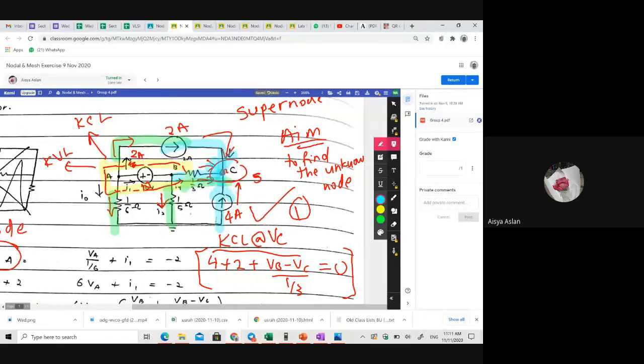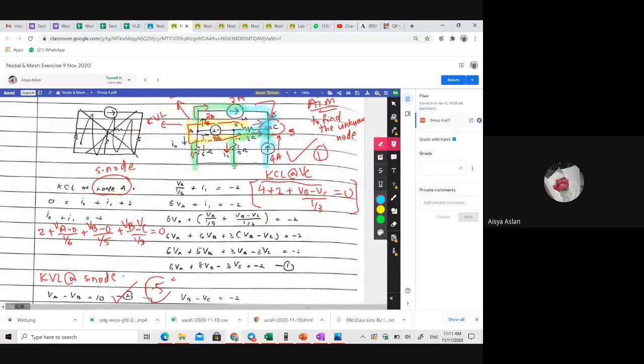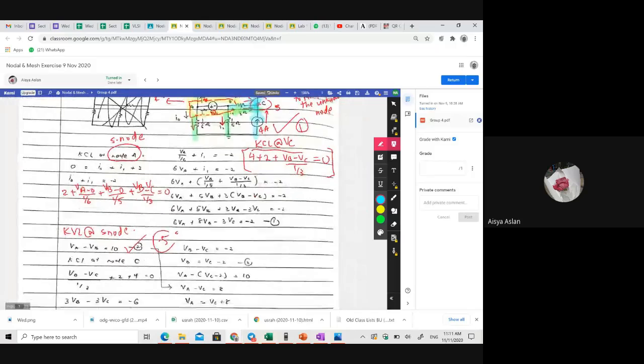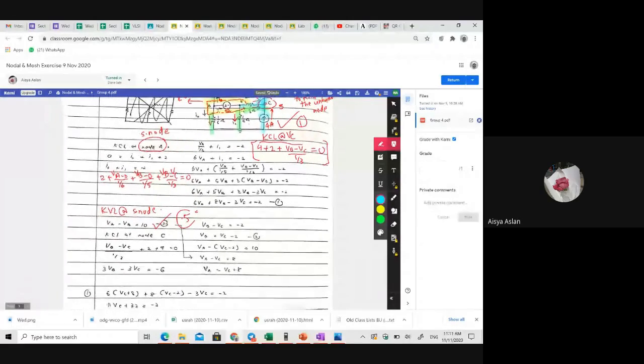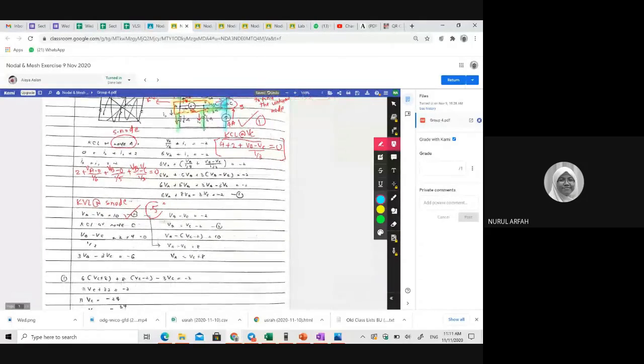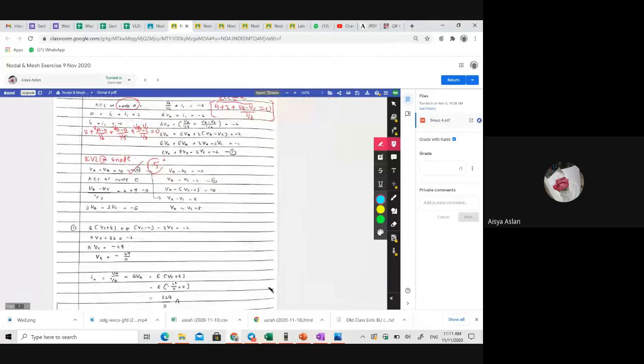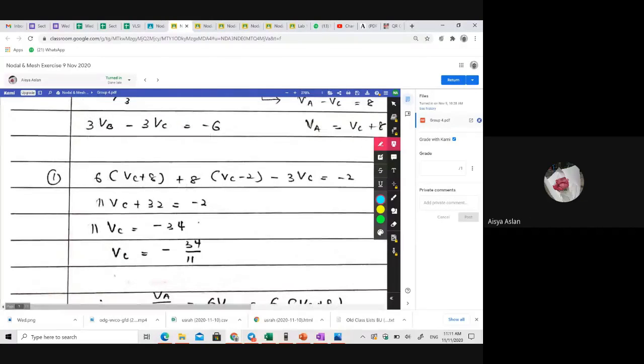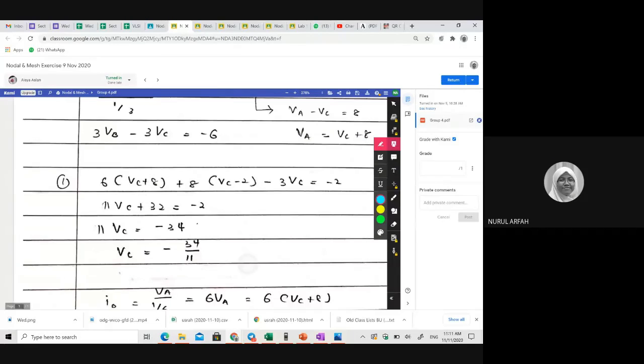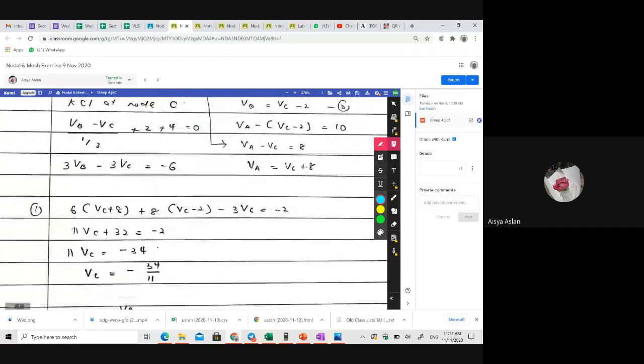Madam, I think I did the KCL at VC, but I don't know whether it's true or not. It's correct or not. At the bottom. Come again. I did the KCL at node C. Okay, where? Which one? The one at the bottom. This one. Okay. No, the top.